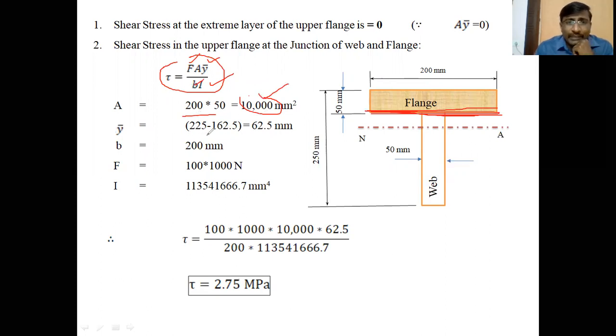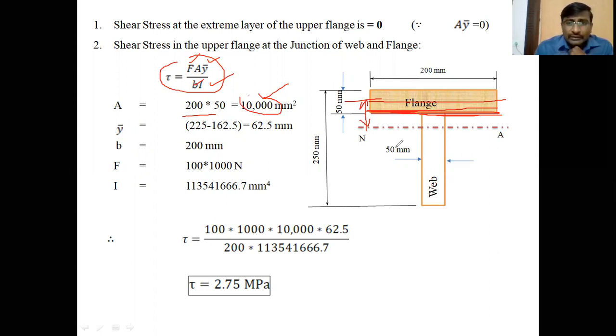Okay, and Y bar here means the distance of the center of gravity of the shaded flange portion from the neutral axis. Distance of the center of gravity of the shaded area from the neutral axis is called Y bar.